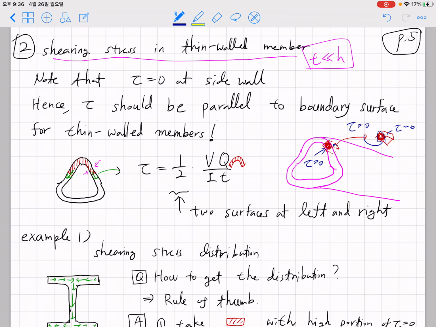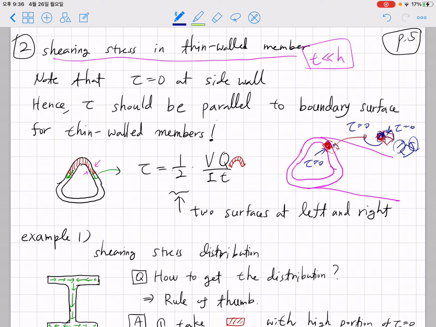non-zero tau here. Imagine that if you have a shear stress component like here, and you want to have a shear stress component here to satisfy mechanical equilibrium between this stress and that stress, you need to have a stress in this free surface too.